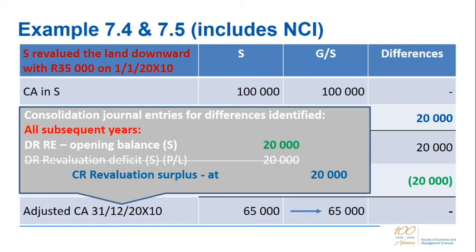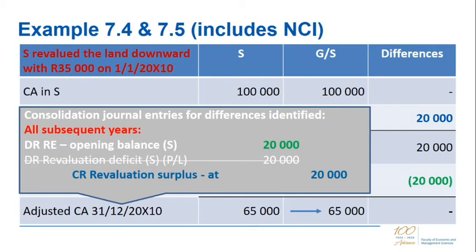Please note when you study these journal entries, the journal entries change year after year depending on what has happened with the underlying asset. I do not write all these journal entries every single year. The only journal entry that I repeat every year is the credit to revaluation surplus at acquisition.